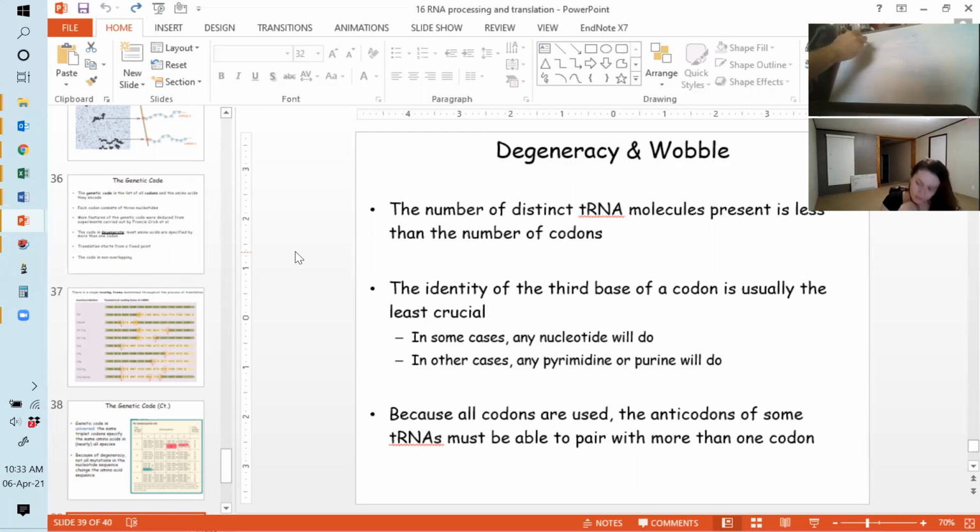So if you have that sequence in mRNA, right? You could have codon 2, 3, 4. Make sense?